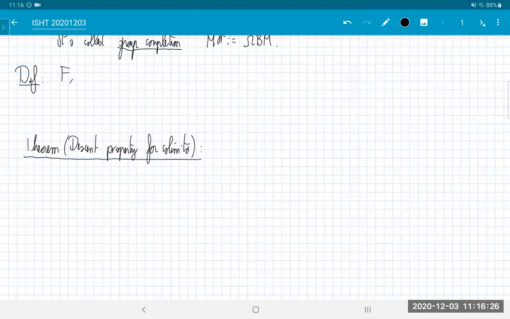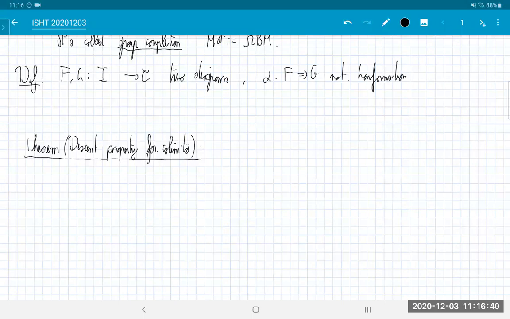So you have F, G from I to C, two diagrams, and alpha a natural transformation.